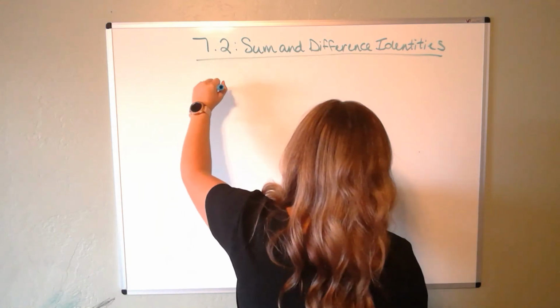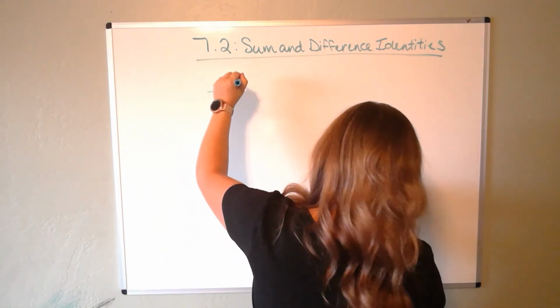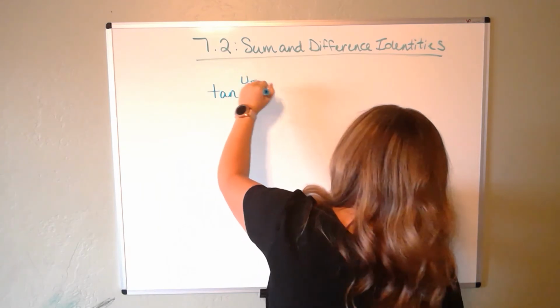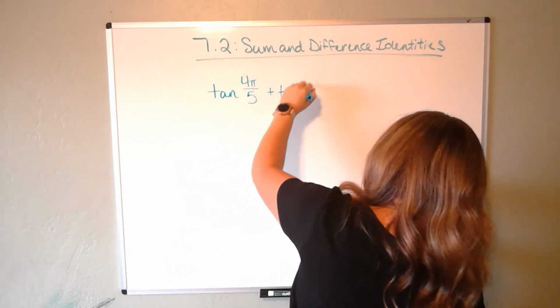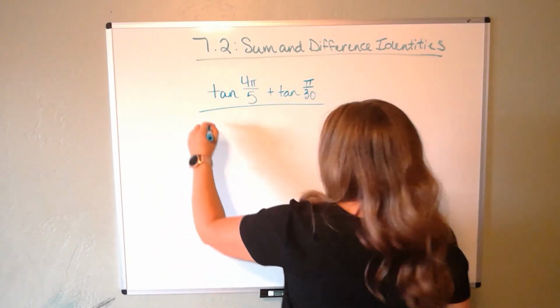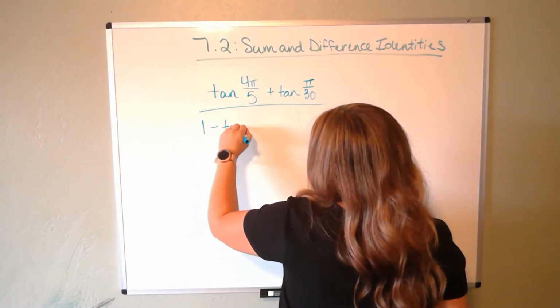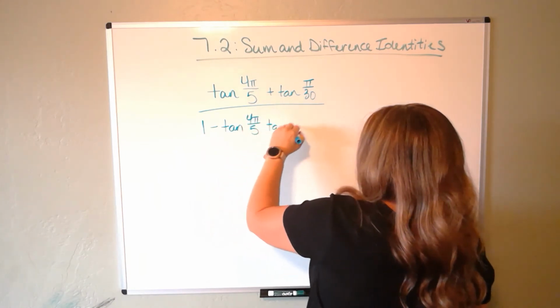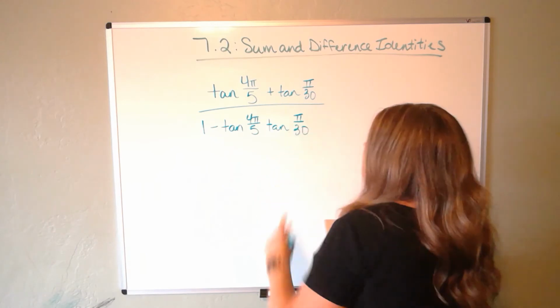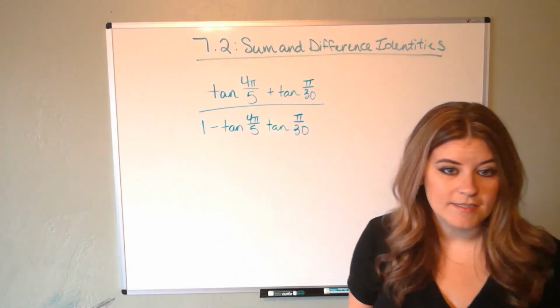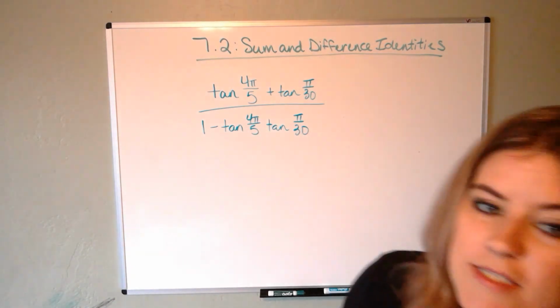Let's do a tangent. So I've got tangent of 4 pi over 5 plus tangent of pi over 30, over 1 minus tangent 4 pi over 5 tangent pi over 30. So when you look at this, first of all, obviously it's a tangent identity. You guys, those are the only ones with tangent in them.